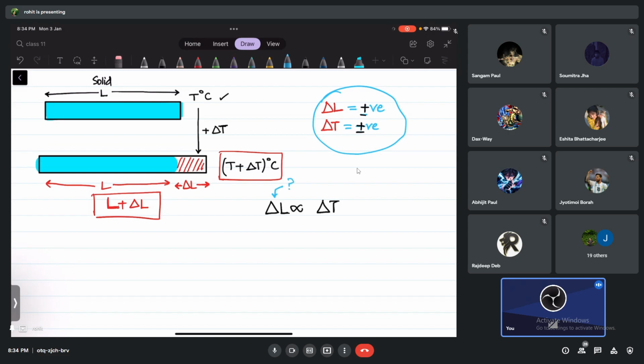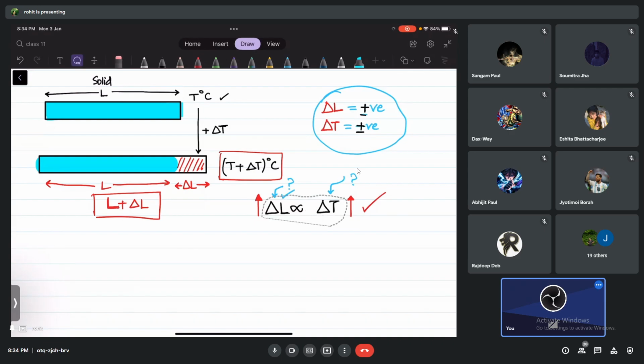Your answer is yes, there can be a change in length, depending on whether there is a change in temperature or not. That is the first thing. If the temperature rises more and more, the length will also change more and more. I think this part is clear.